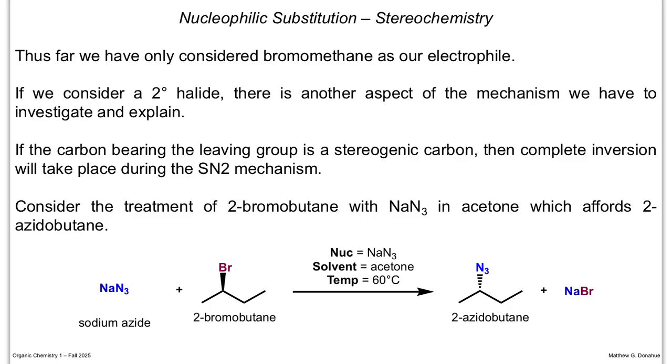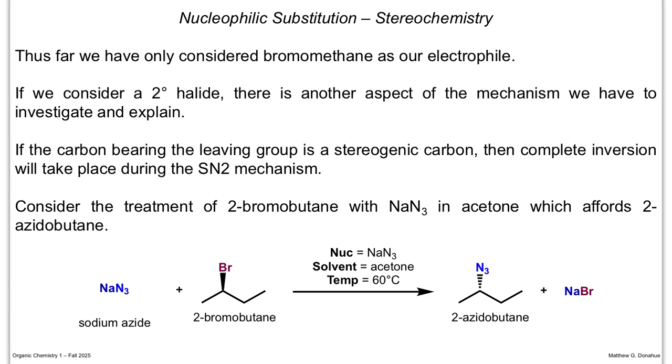So we were using bromomethane. If you use a primary halogen, you don't have to worry about this next issue, which is stereochemistry. So this only arises when the electrophile has a secondary leaving group. For SN2, we're not concerned about tertiary carbons, so really we're just narrowed down to secondary for this part.